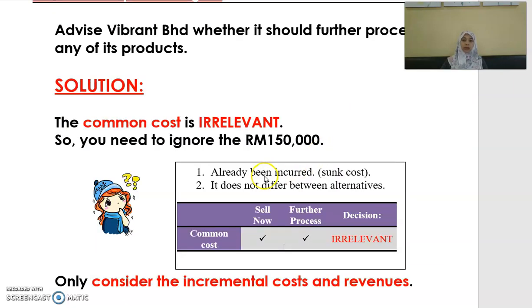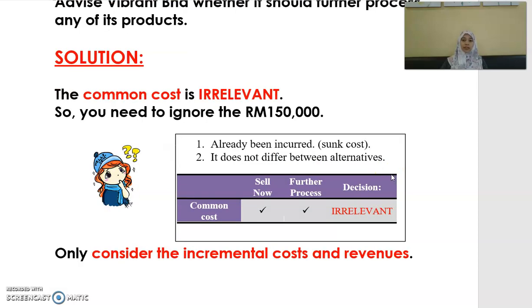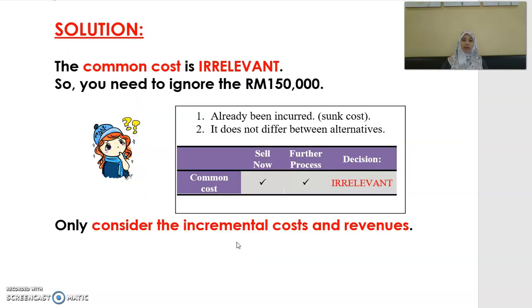Why? Because it has already been incurred, it is a sunk cost, and it does not differ between alternatives. Whether you sell it now or further process, you still have to incur that common cost. Therefore, it is irrelevant for your decision making. Only consider the incremental cost and revenue.